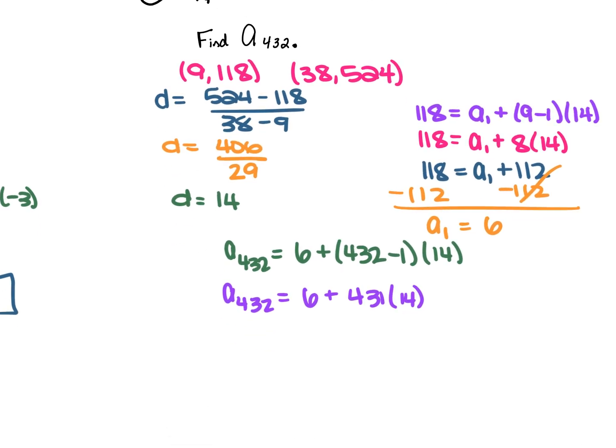The 431 times 14 simplifies this to be a sub 432 is equal to 6 plus 6,034, which gives us the 432nd term as 6,040.